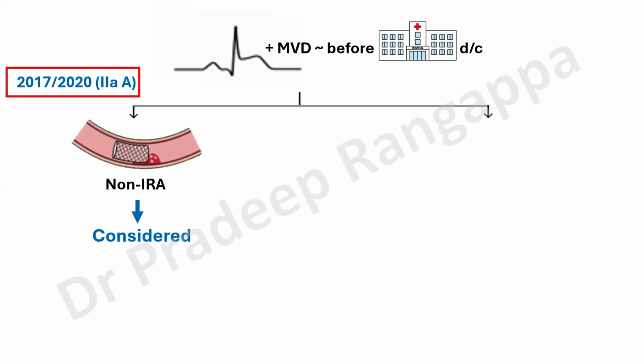So the suggestion in 2017 was even the non-infarct related artery, which means before, the whole emphasis was only on the infarct related artery to be fixed or recanalized, but now the emphasis is that percutaneous intervention of the non-infarct related artery has to be considered.